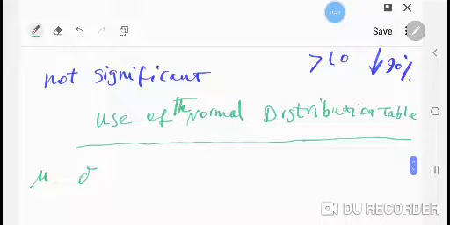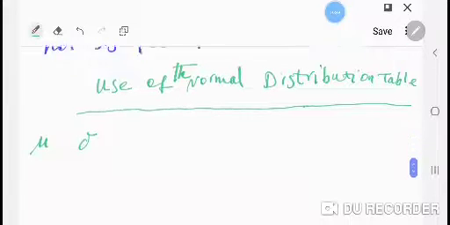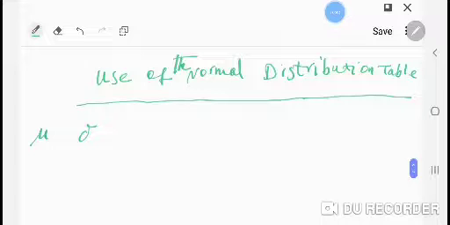This is often the case in quality control work where a large amount of earlier data is available.